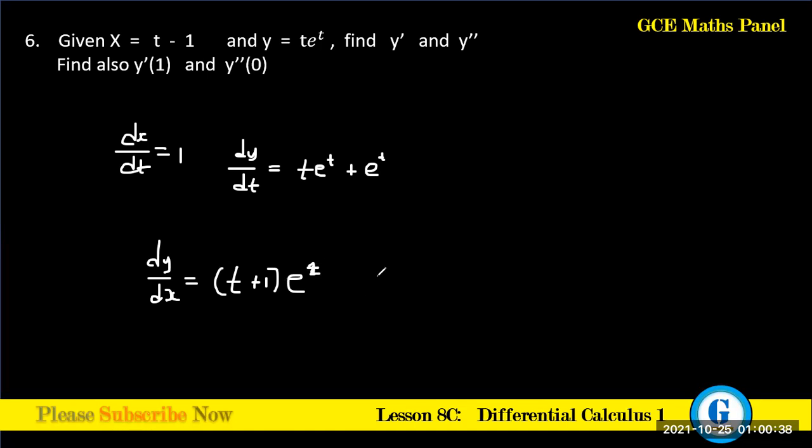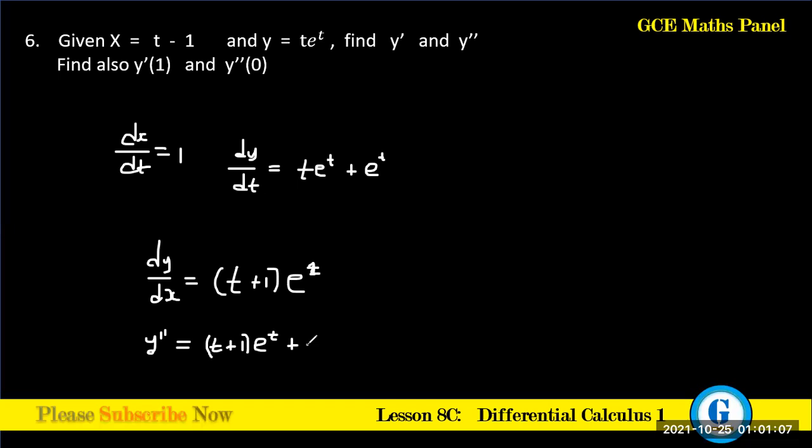Now we can equally look for y prime prime. I'm going to differentiate this one again. So we differentiate, we'll have y prime prime to be equal to, we keep the first function constant. We differentiate the second. Note that when you differentiate e to the t, it's the same thing, e to the t, plus we keep the second constant.